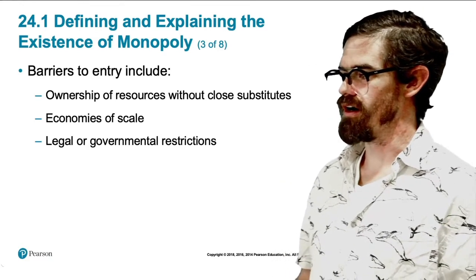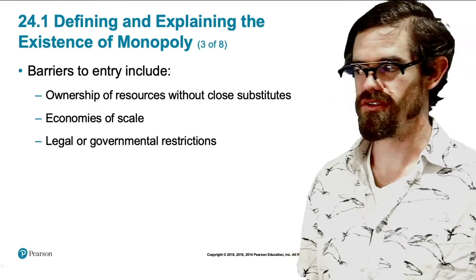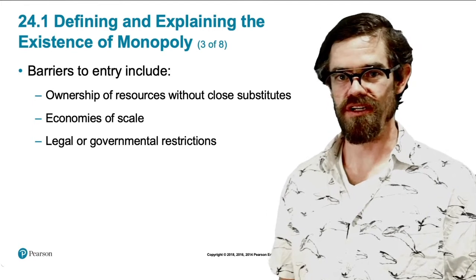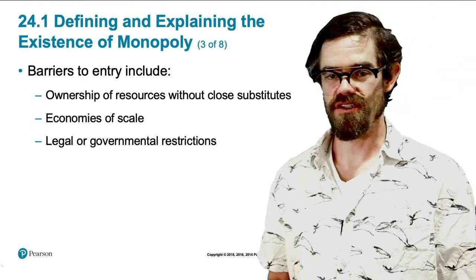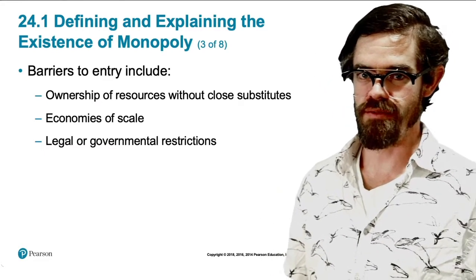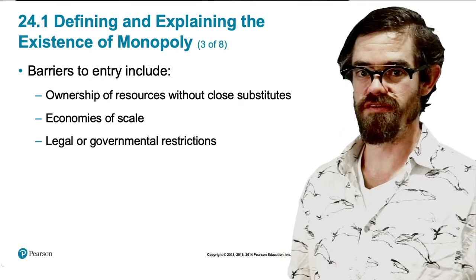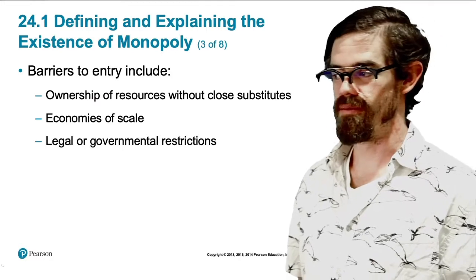One type is the ownership of resources without close substitutes. A good example of this type of barrier would be De Beers Diamond Mining Company. They essentially own roughly 95% of the world's diamond mines, and so the ownership of those resources gives them monopoly power in the diamond industry.